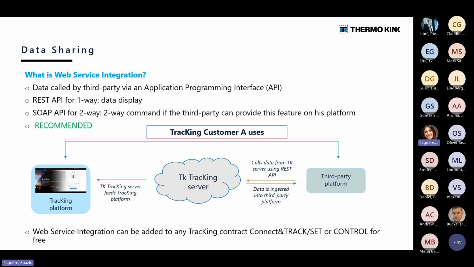Why? Because all the data included in the REST API that will go through the third-party platform is exactly the same amount of data that you can find on tracking. All of the data you can find on tracking will also be available via the REST API for the web service integration. So that's what we recommend.